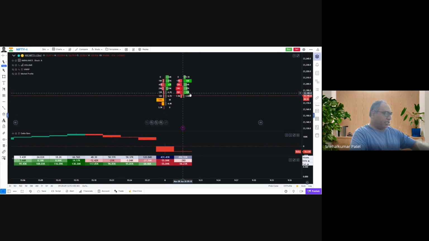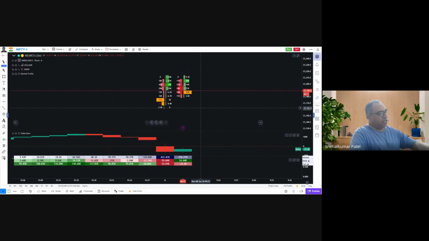Now it has turned green. There is a setting for the imbalance chart, and I have marked it in such a way that what you're looking at in yellow is the actual imbalance. What is imbalance? Imbalance is when there is an opposite party. For example, in this case, there are more sellers than buyers at this particular price.